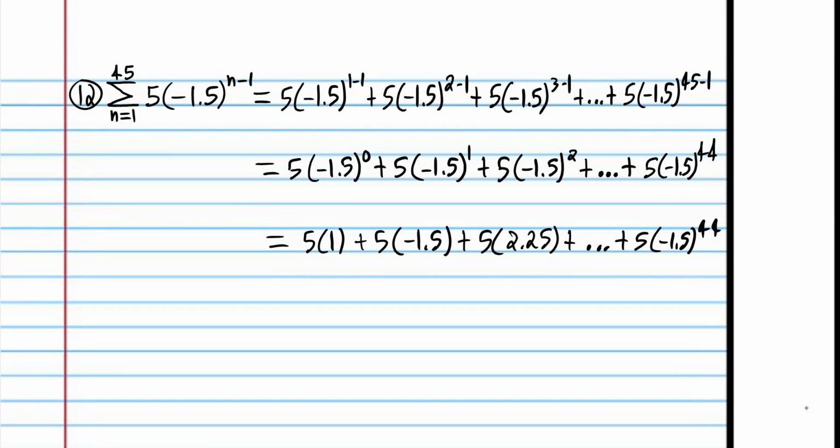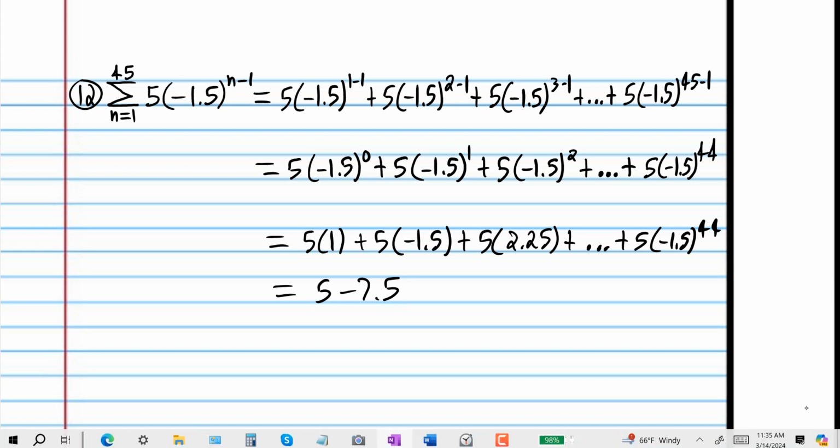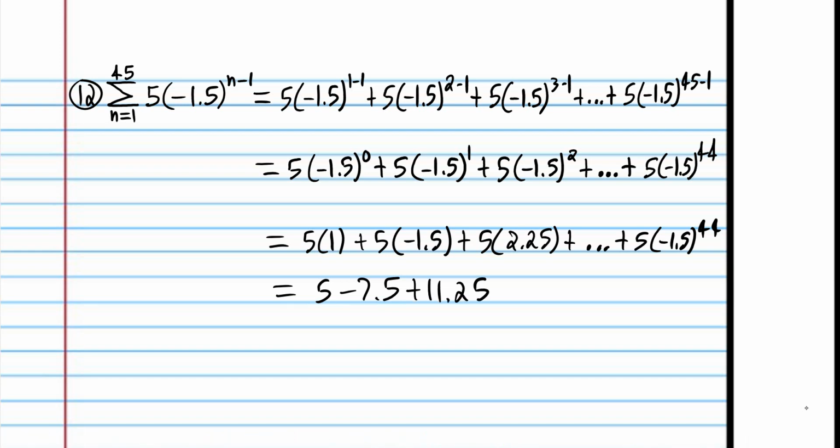So you can see that we are multiplying by negative 1.5 each time. So 5 times 1.5 is 7.5, and 5 times 2.25 is 11.25, and so on and so forth.